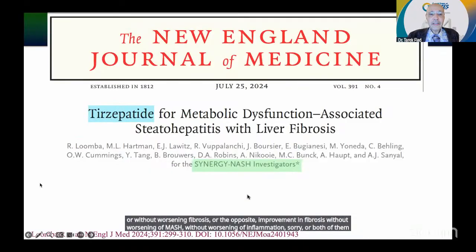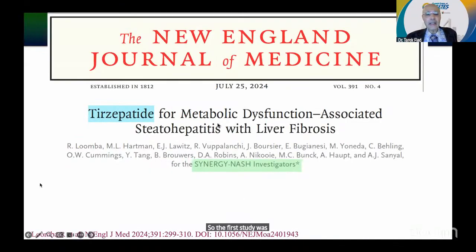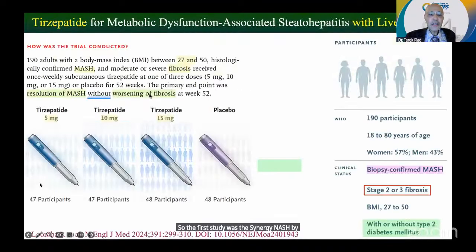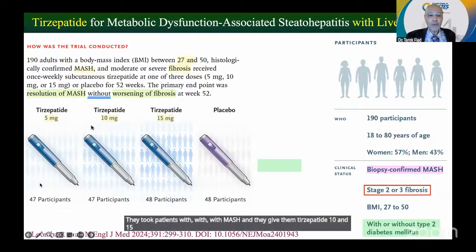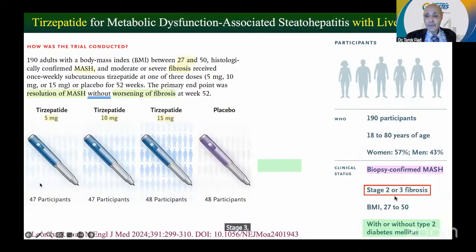So the first study was the SYNERGY-NASH by tirzepatide. They took patients with MASH and they gave them tirzepatide, 10 and 15 milligram was the aiming dose. These patients have stage 2 and 3 fibrosis, biopsy-confirmed MASH, with and without diabetes.